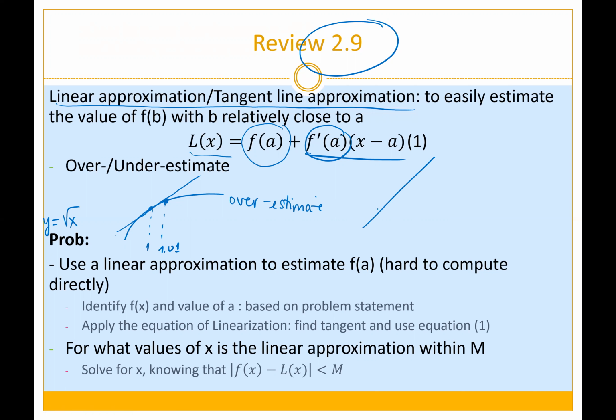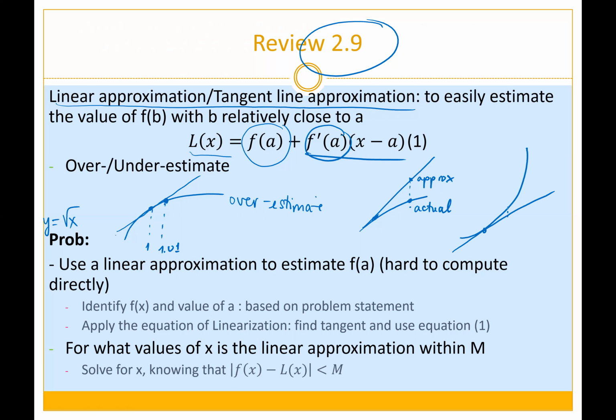Let me zoom that part bigger. See, the approximate value is here, and this is the actual value, so this is an overestimate. The same thing if you have a graph like this, with a tangent line and two points.